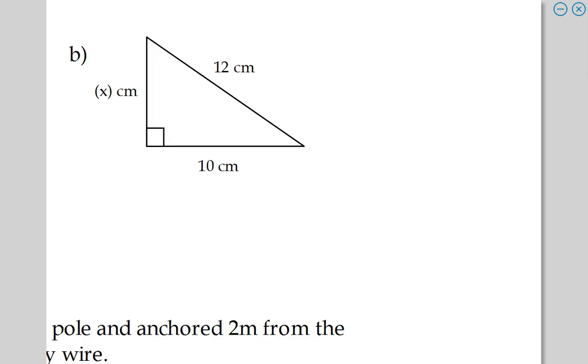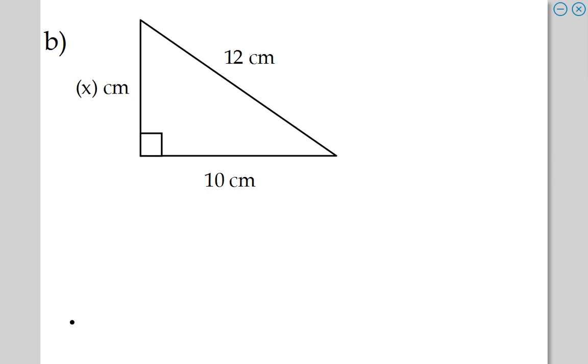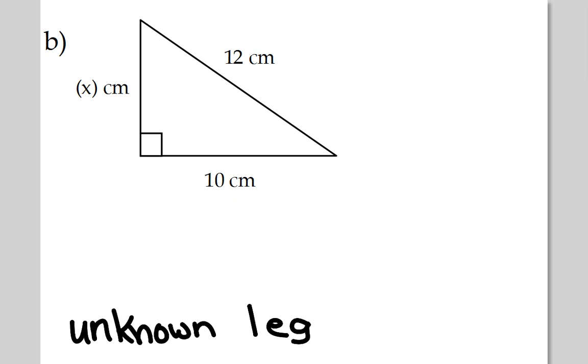Let's try this one. For this one, I'd like you to put unknown leg, because the hypotenuse is known, the leg is not. So again, you have this formula.